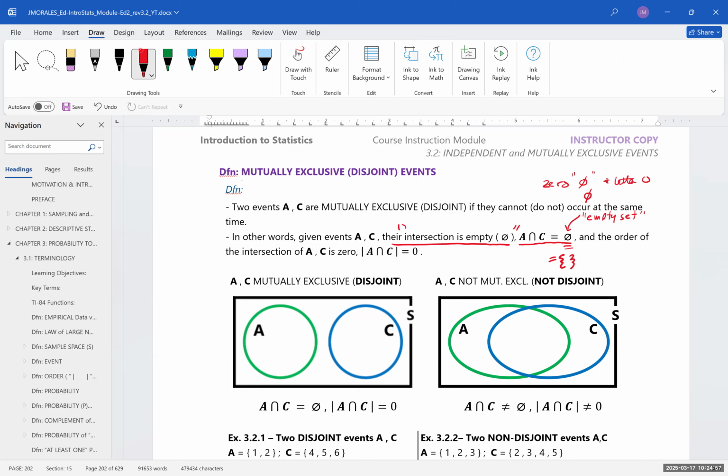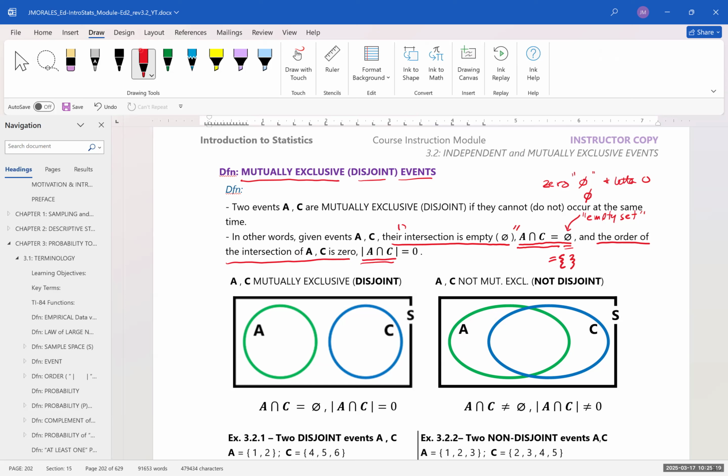So again, mutually exclusive events or disjoint events is where the intersection of two events has nothing in common. It's empty. And because of that, the order of the intersection is zero.